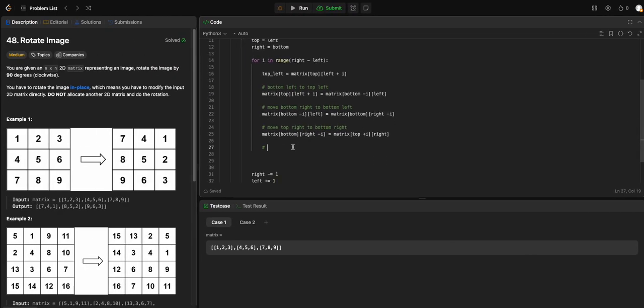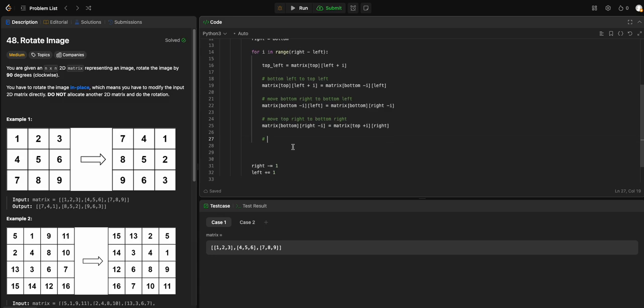And then the last piece of the solution: move top left to top right, so matrix[top + i][right] equals temp, which holds the top left.